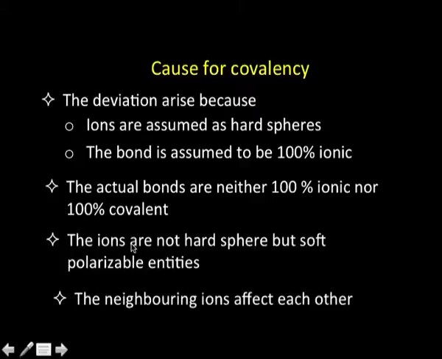That is, the ions are not hard spheres but soft polarizable entities. That means ions have an electron cloud which can be polarized in such a way that neighboring ions can affect each other. Because of these two things, a certain element of covalency comes in. If they had been hard spheres, then it should have been a 100% ionic structure, which it is not.